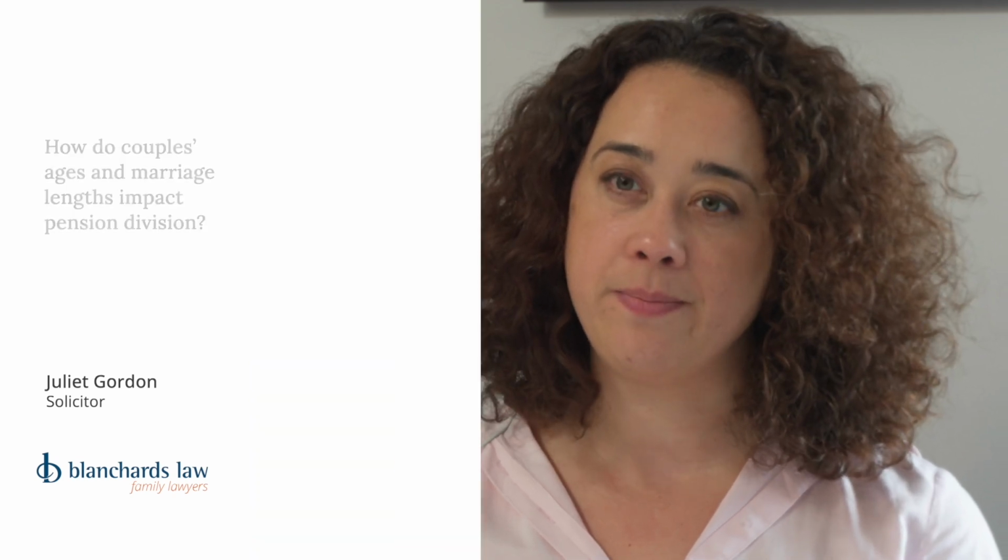So what this means is that an older couple who are approaching retirement will want equality of income on retirement, whereas a younger couple will have more opportunity to build up further pension in their sole name and will want to invest their pension prior to retirement, and therefore it's more likely that an equalisation of pension capital is appropriate. If parties have a disparity in ages, then this is where often expert advice is helpful in order to resolve what an appropriate pension share would be.